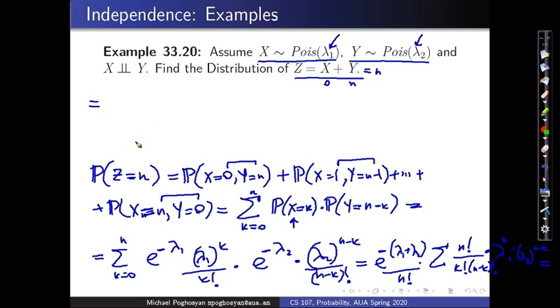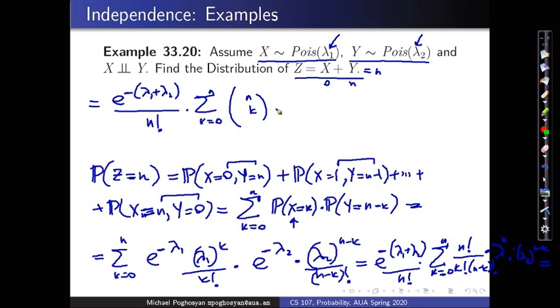So this is equal to e to the minus (lambda 1 plus lambda 2) over n factorial times the sum, where k is running from 0 to n, of the binomial coefficient n choose k, times lambda 1 to the k, times lambda 2 to the n minus k.